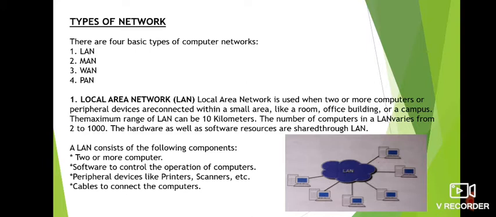A local area network is a network that works within a small geographical area, like within a room, office building, or a campus. The maximum range of a LAN is not more than 10 kilometers. The number of connected computers varies from 2 to 1000.